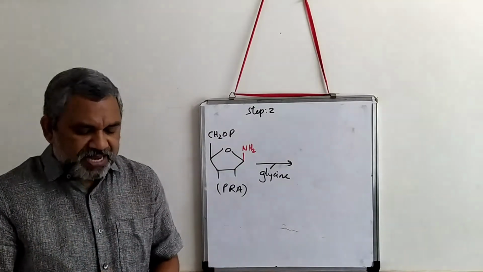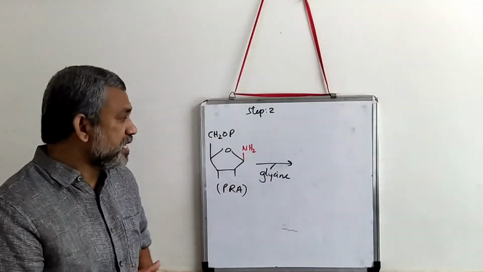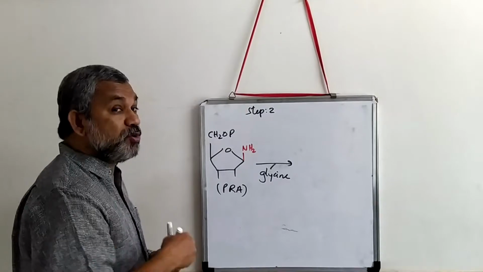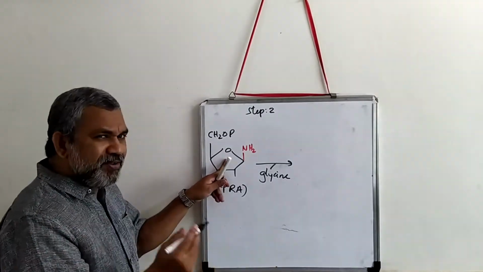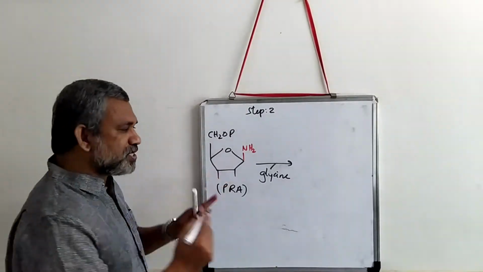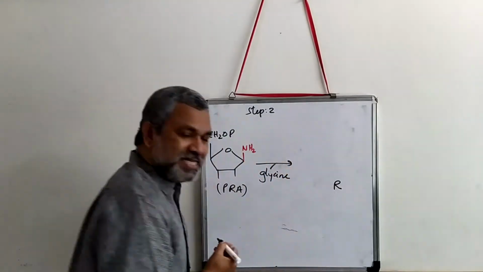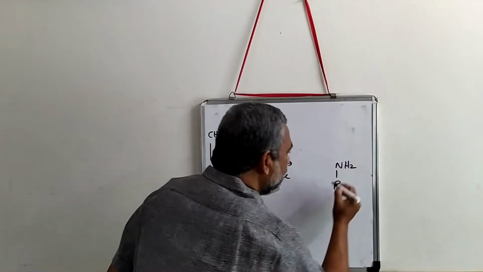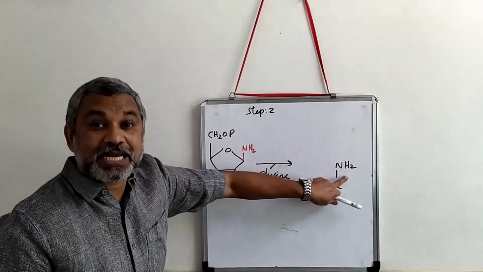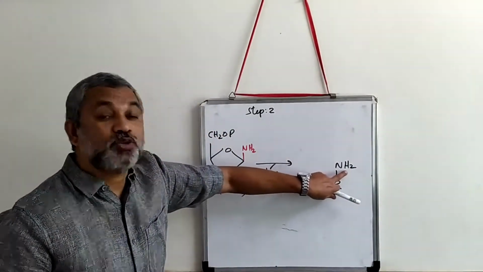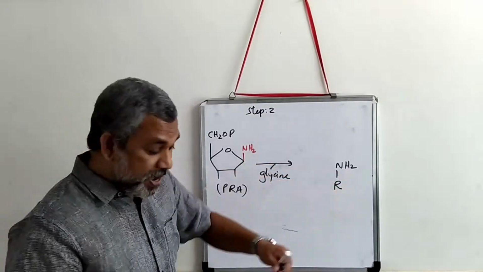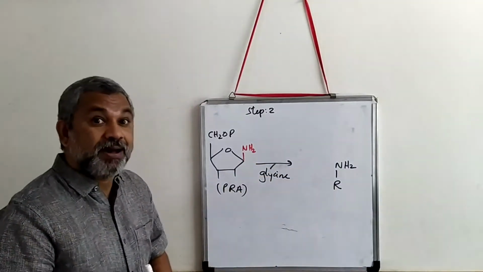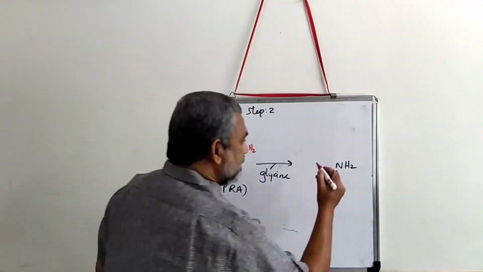You know glycine, a very simple, very small amino acid. Once you add a glycine, you see what happens to this. We will not be drawing this ribose structure now. So the ribose is here, and here is the NH2. This is the N-glycosidic linkage. This is the NH2 that has come from glutamine. Now to this, a glycine is added.